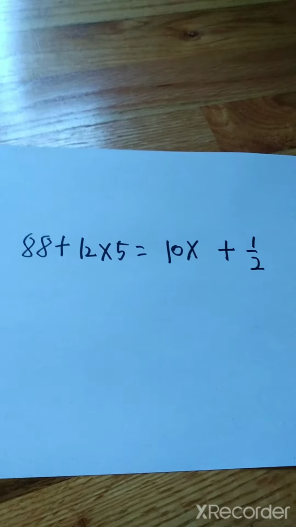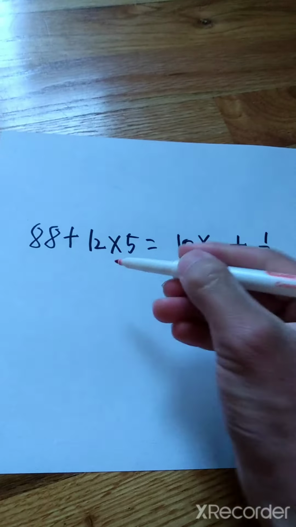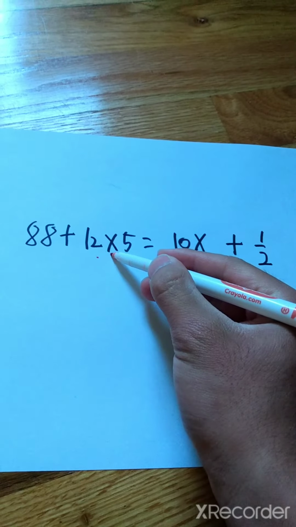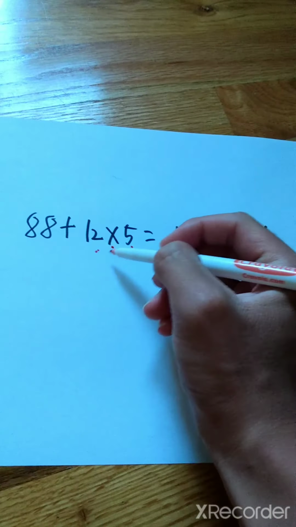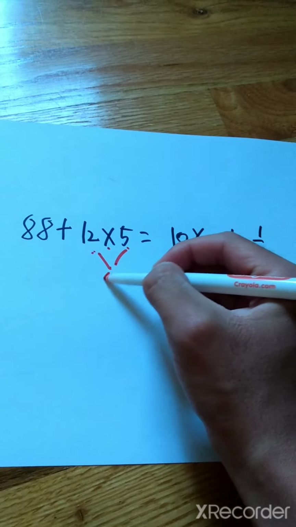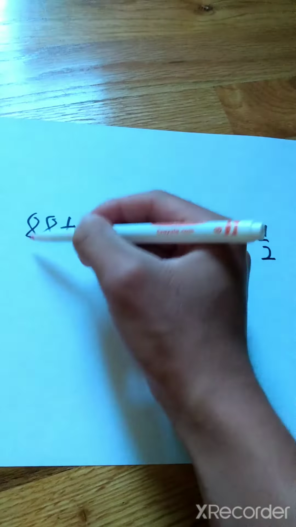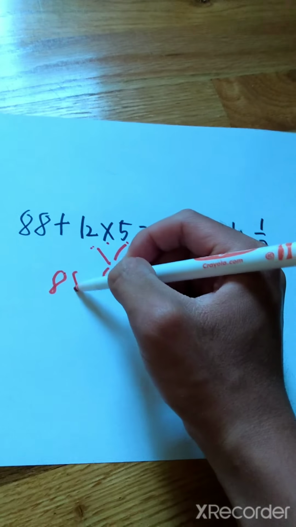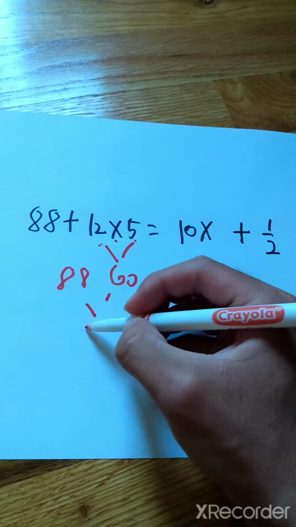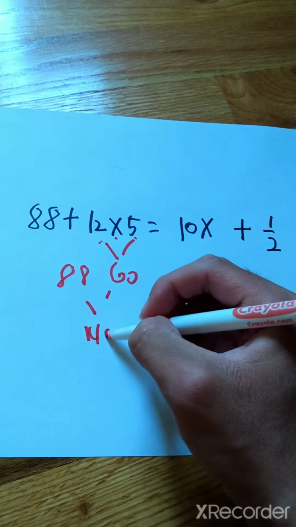So what we're going to have to do is have 12 multiplied by 5, which is going to be 60. And 88 plus 60 is going to equal 148.